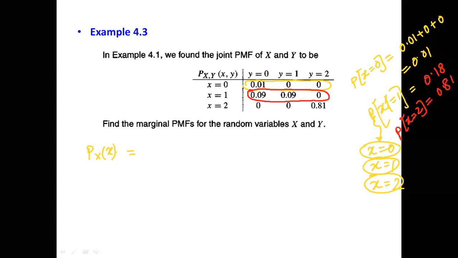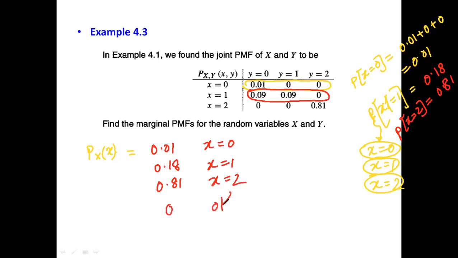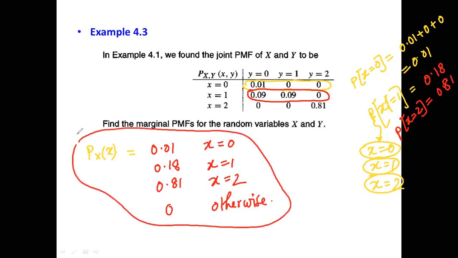So if I say that probability of X will be equal to 0.01 for X equal to 0, 0.18 for X equal to 1, and 0.81 for X equal to 2, and then 0 otherwise. This is the same kind of PMF that we have seen in the last chapter.